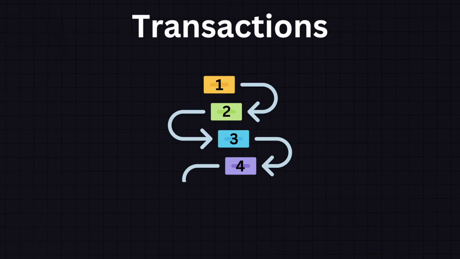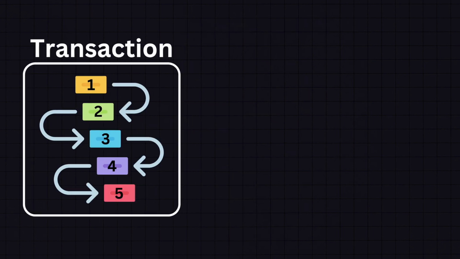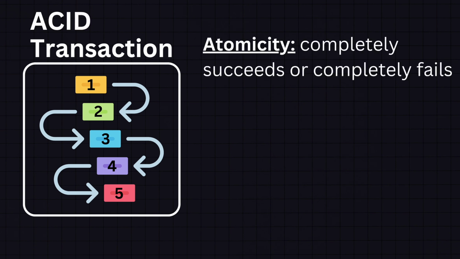Transactions are a sequence of one or more SQL operations performed as a single atomic unit. And the purpose of this is to ensure data consistency in the database. A transaction has the following properties, which are often referred to by the ACID acronym. A stands for atomicity, which means that the entire transaction is treated as a single unit, which either completely succeeds or completely fails.